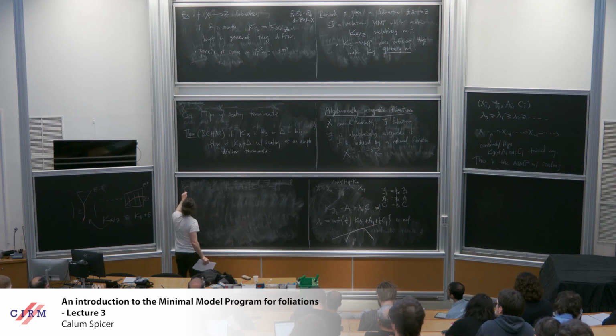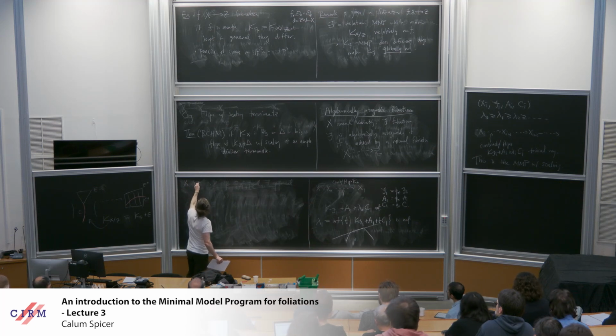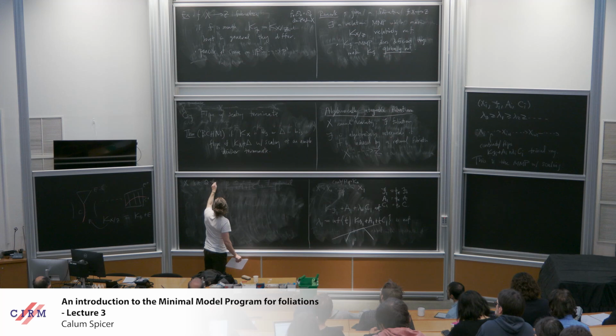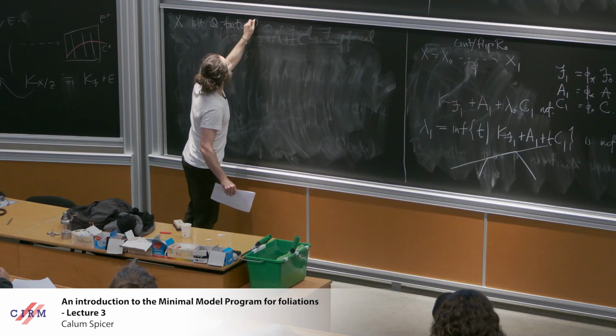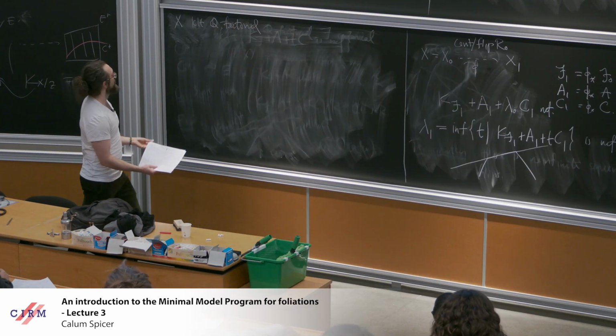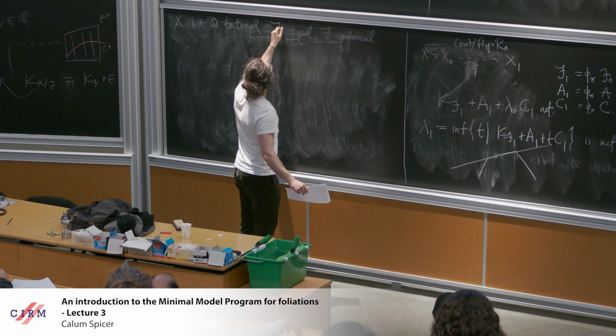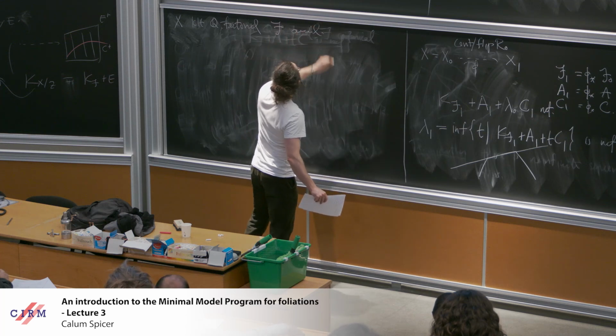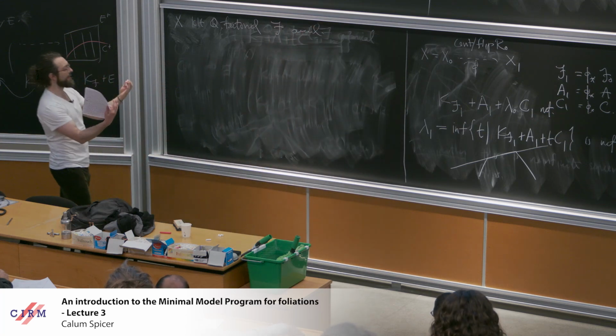So the cone theorem. Again, just to emphasize, our setup is that X is KLT and Q-factorial. Again, this can be weakened a lot, so it's not so important. F is canonical. But you should think that really we should be working with pairs.